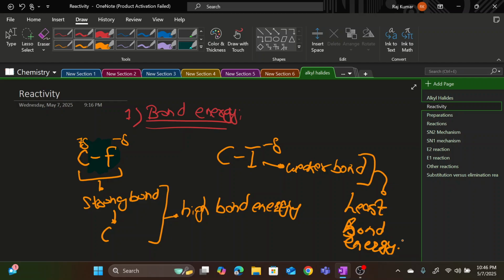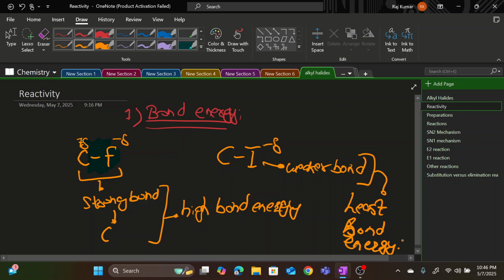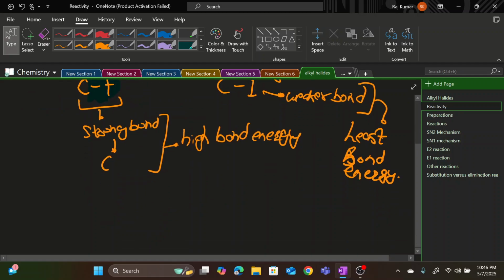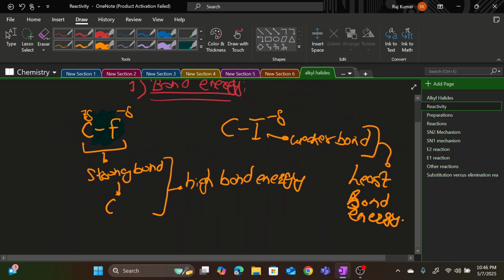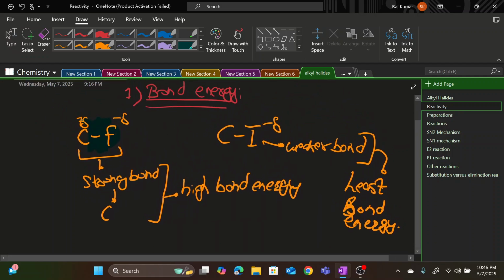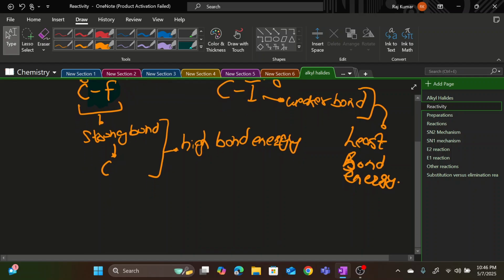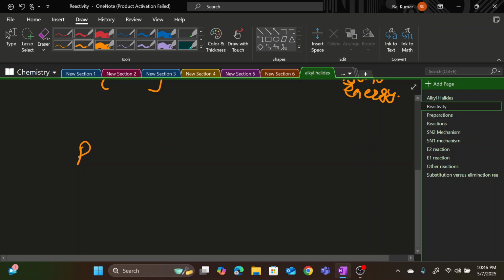For alkyl fluoride, the highest amount of energy is required to break the bond, because the bond is pretty strong. So if we compare reactivity on the basis of bond energy, alkyl iodide, having the weakest bond, is the most reactive. Then we have alkyl bromide, then alkyl chloride, then alkyl fluoride. So this is the sequence.